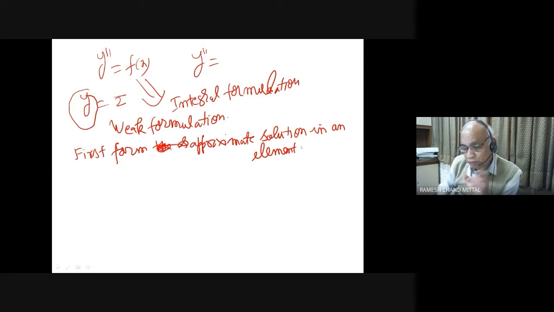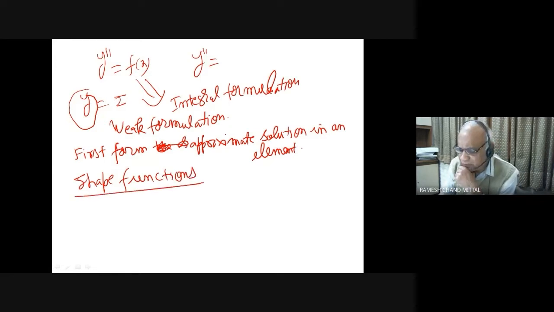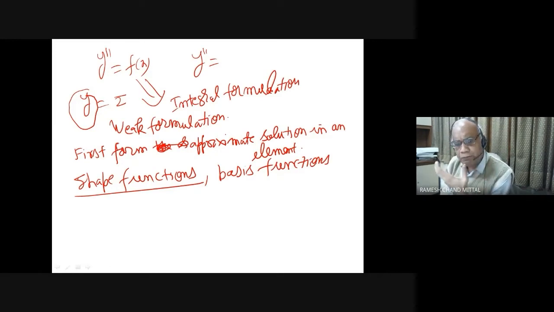Now, those who know, once I choose my element, whether rectangular or triangular, the shape function, or basis function as people also say, will be chosen according to your element, and then you find the solution in each element.